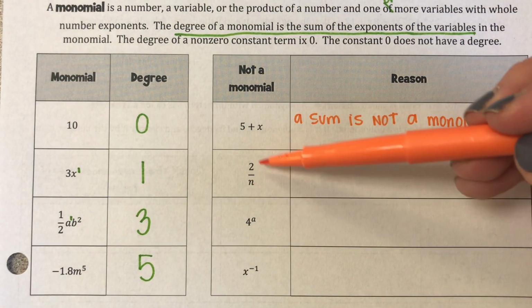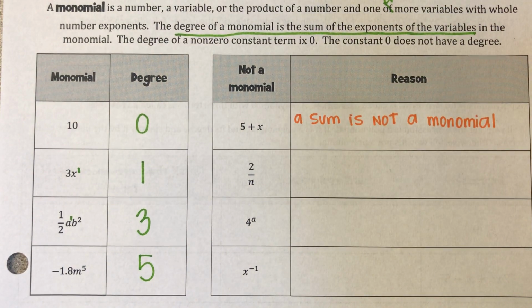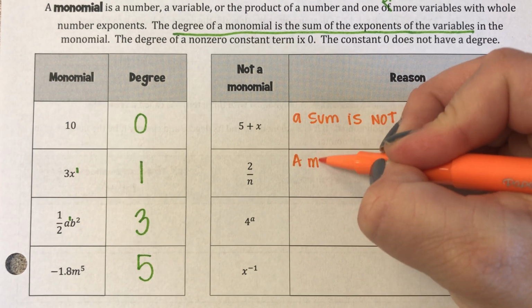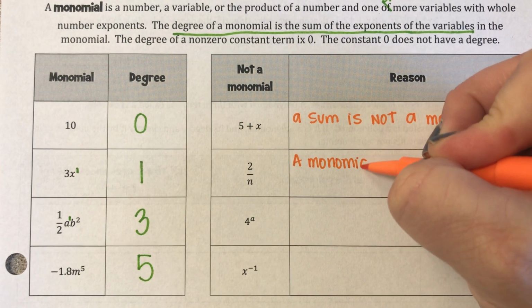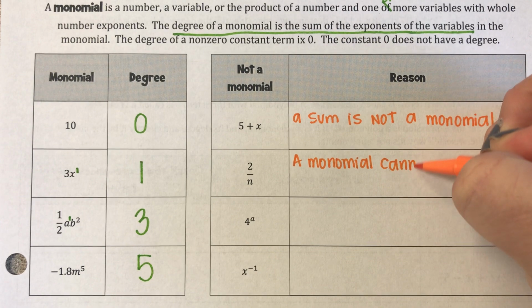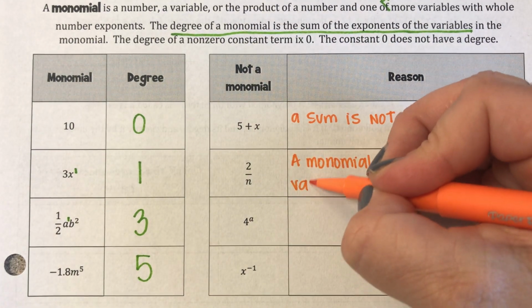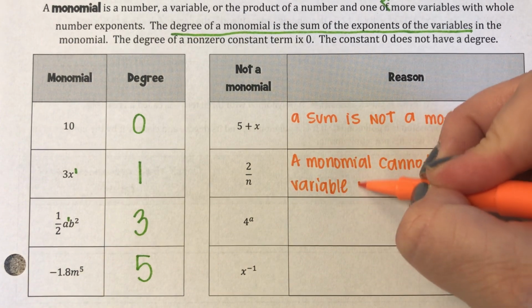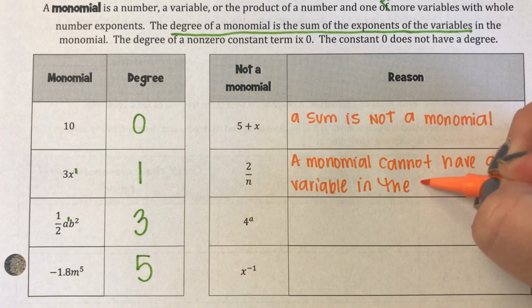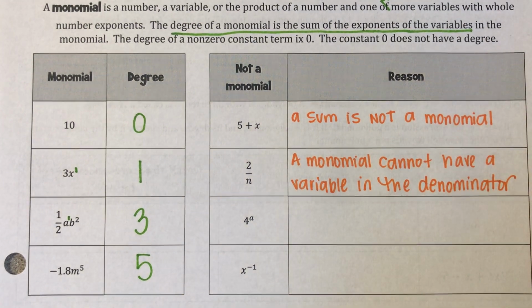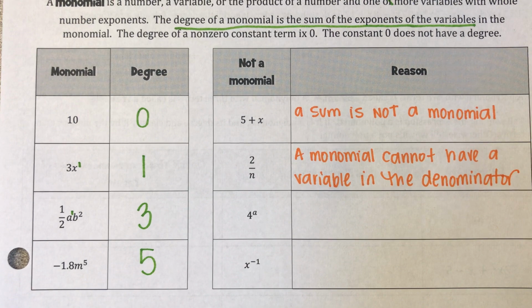Okay, let's talk about this one, right? What would be wrong with this? Okay, well, this is not a monomial because a monomial cannot have a variable in the denominator.